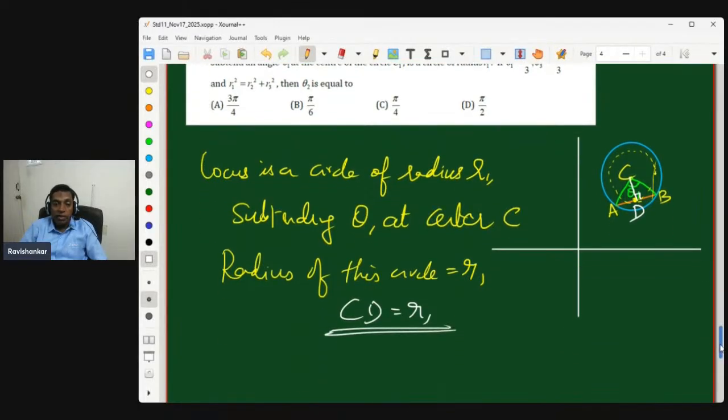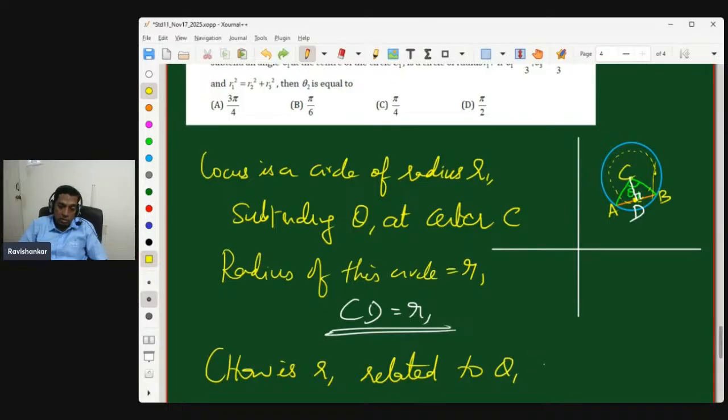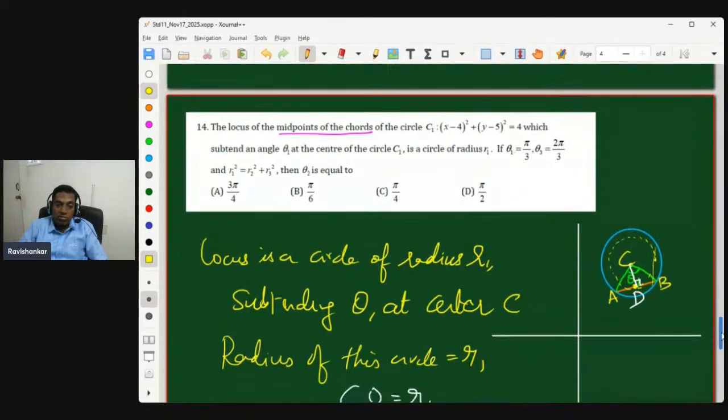And what is the value of CD? That's what you will have to figure out. A few people have got it now. So what is the connection between R1 and theta 1? In the same way, R2 will be related to theta 2, and R3 will be related to theta 3.